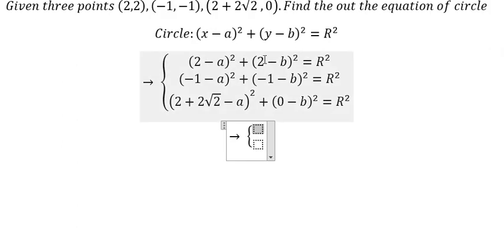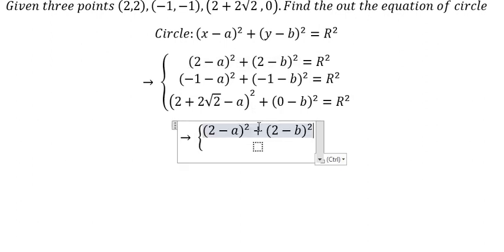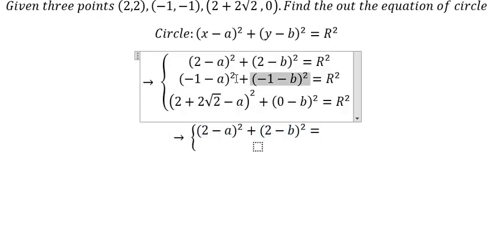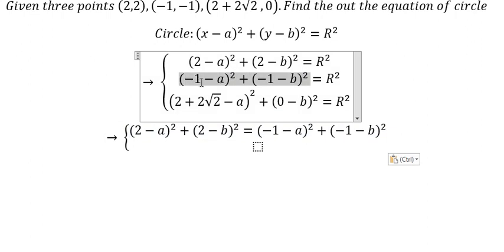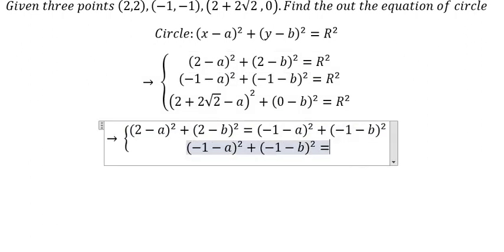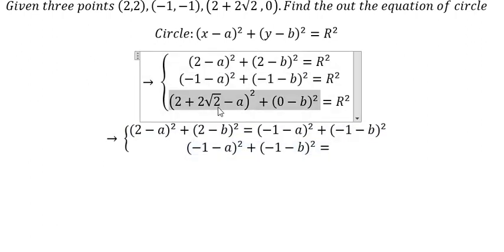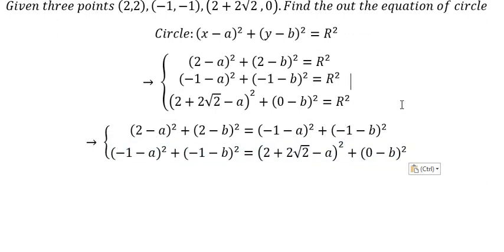So this one equals to this one, and this one equals to this one. So we can find the value of a and b in here.